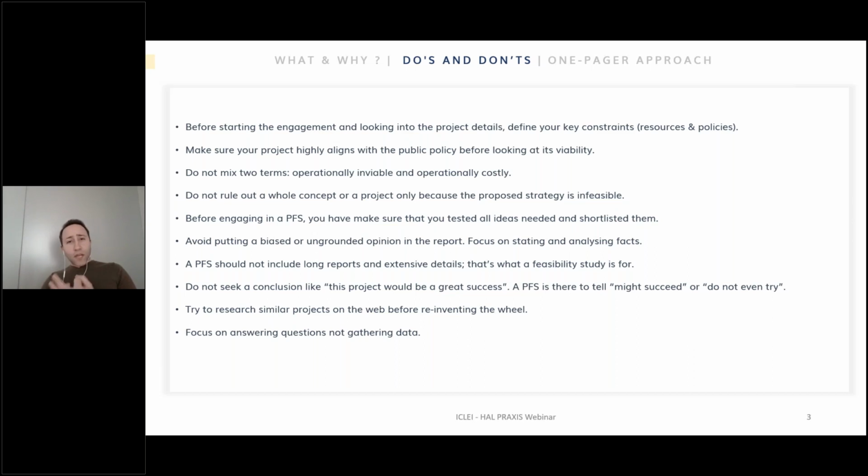Do we have enough equity? What are the regulations with the PPPs, the public-private partnerships? Just plug in questions and answer them. Don't put reports about how the history was done, or the geological research over a certain piece of land. This is not all important. You just need to answer a question, and if someone wants extra details, he can do extra investigation after. Avoid irrelevant and excessive info.